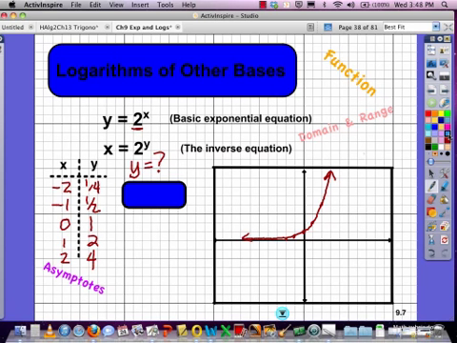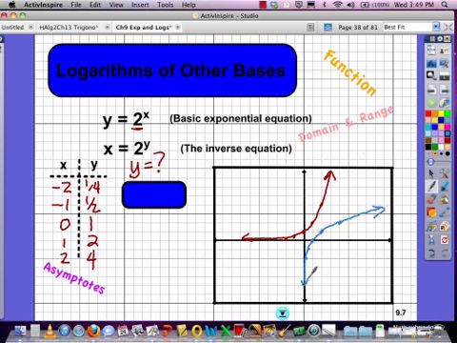So what we're seeing, going down there, we would have (4, 2), (2, 1), (1, 0), (1/2, -1), and (1/4, -2), even tighter to that y-axis. So you are seeing that pattern that takes us tight along the y-axis, up and curves out.